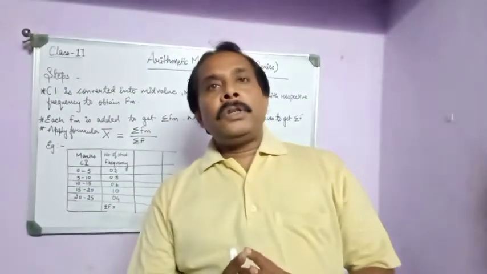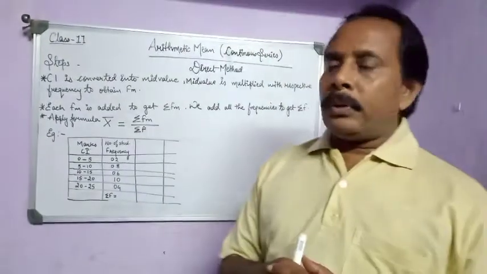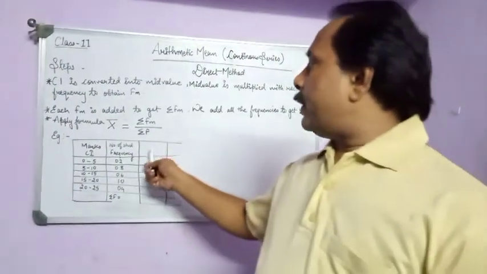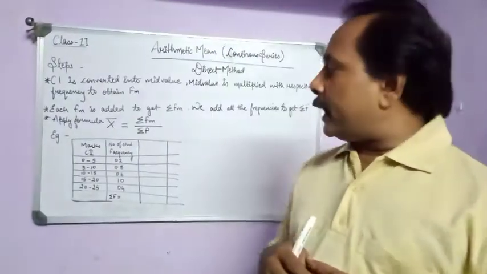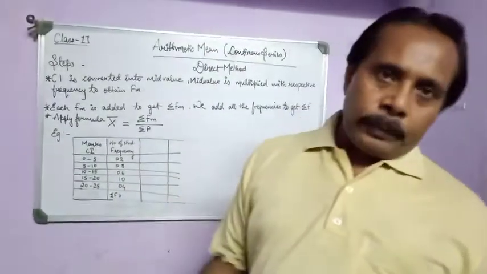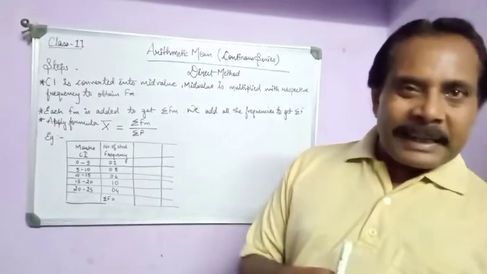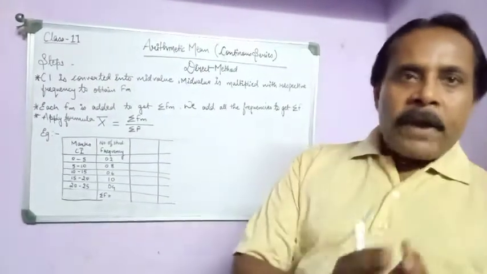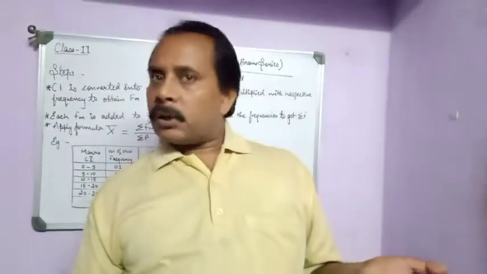If you convert the class interval into mid value, then the mid value and the frequency will work together and the class interval will no longer be needed. As we know, in case of discrete series, the variables and the frequency both work together.